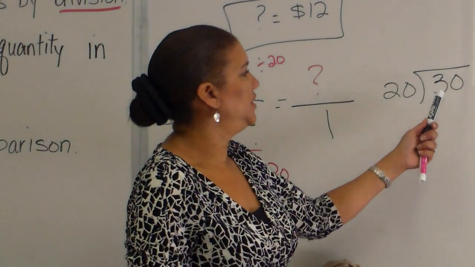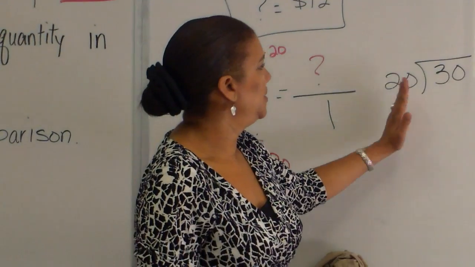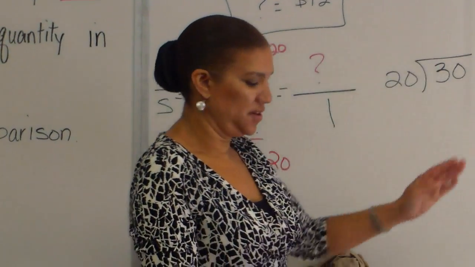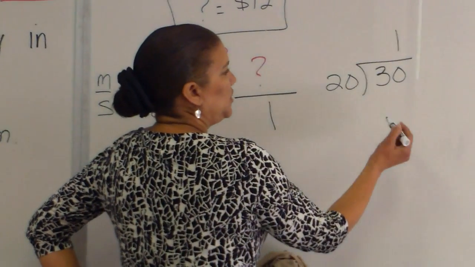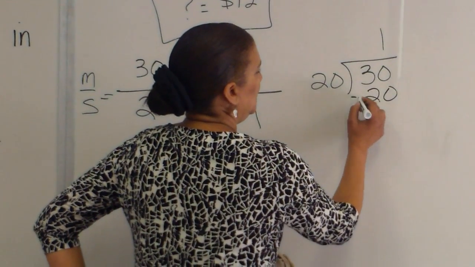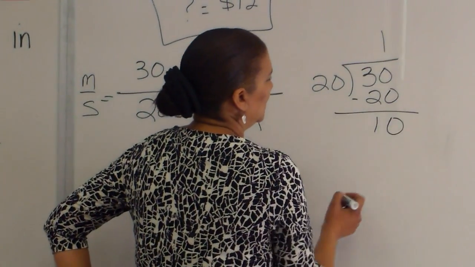Does 20 go into 3? No. 20 does not go into 3. Does 20 go into 30? Yes. 1 times 20 equals 20. 30 take away 20 is 10.